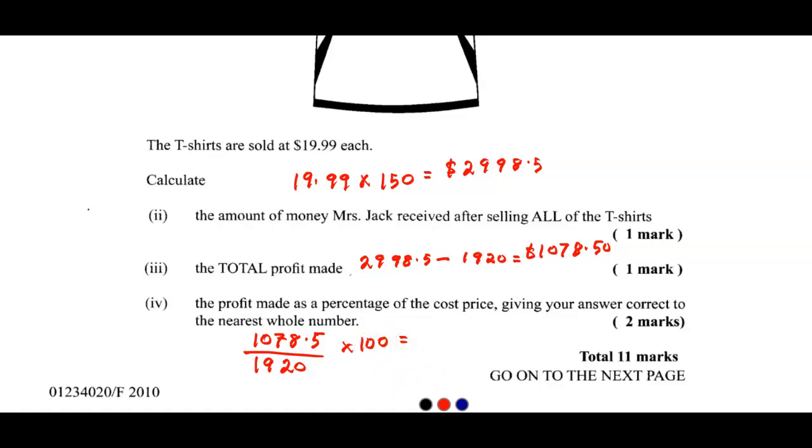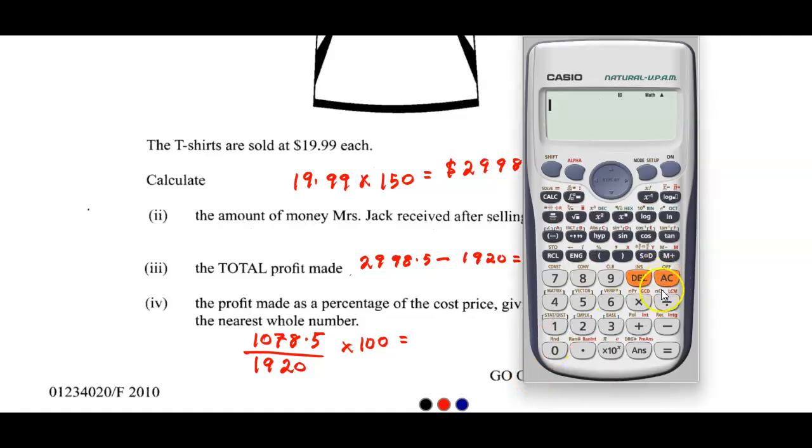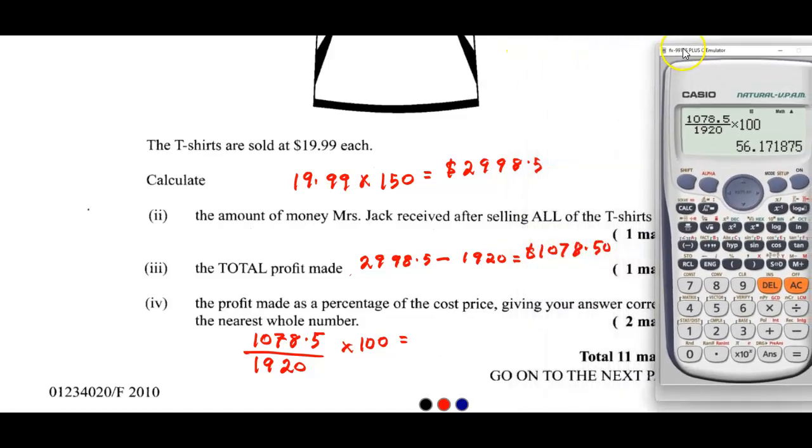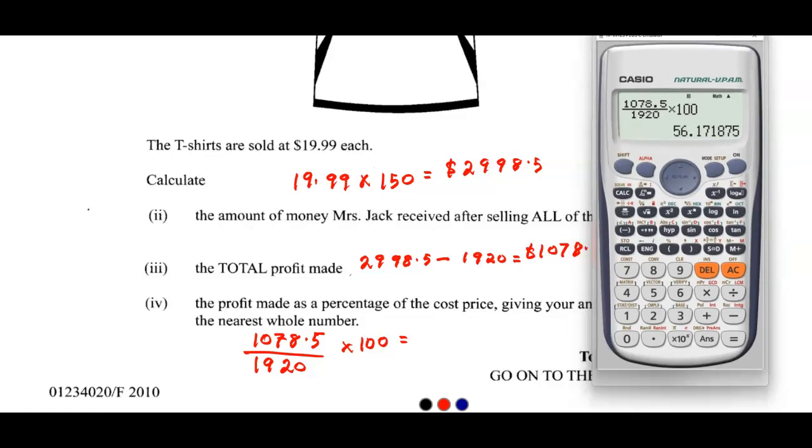So let's use our calculator to work that out. So we have 1,078.5, all of that over 1,920. We times that by 100. So we have to the nearest whole number, that would be 56%.